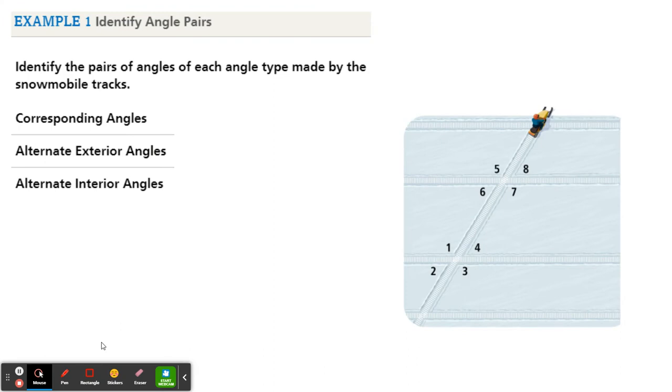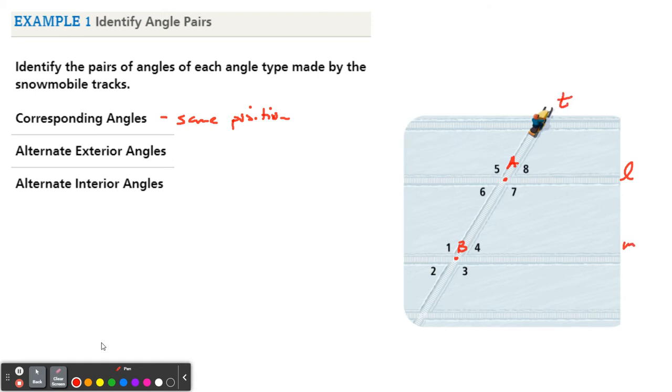All right, so example one, identify some angle pairs. Identify the angle pairs of each type made by these snowmobile tracks. Our corresponding angles are in the same position at the two intersection points. Let's call them A and B. Here's line L, here's line M, and here's our transversal.